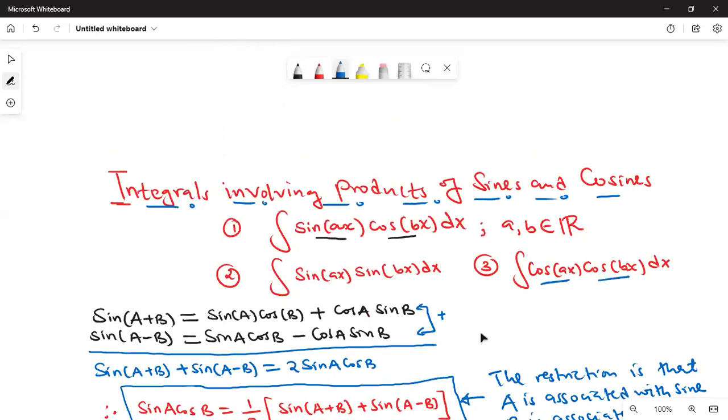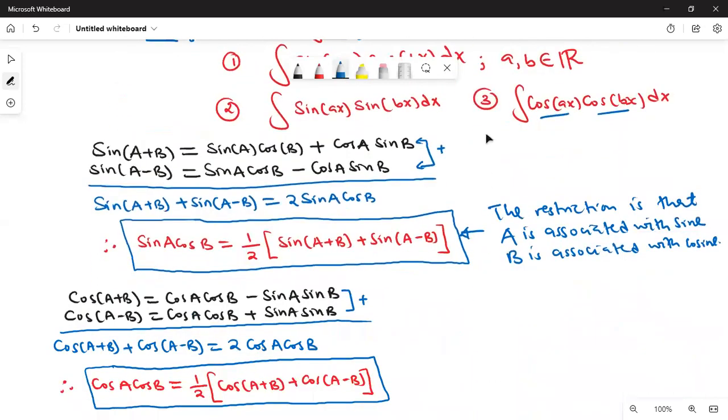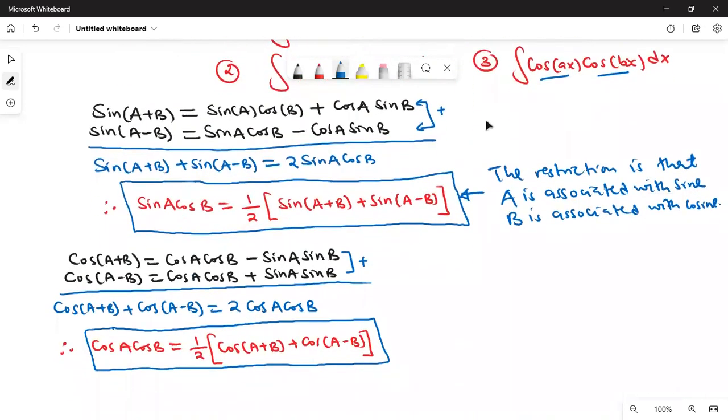What about when you have a product of sines only? That is sine A times sine B. I will now subtract. Instead of adding, I will now subtract. So this minus the other one. If I subtract, what will I get? Remember I'm taking the second minus the first one.